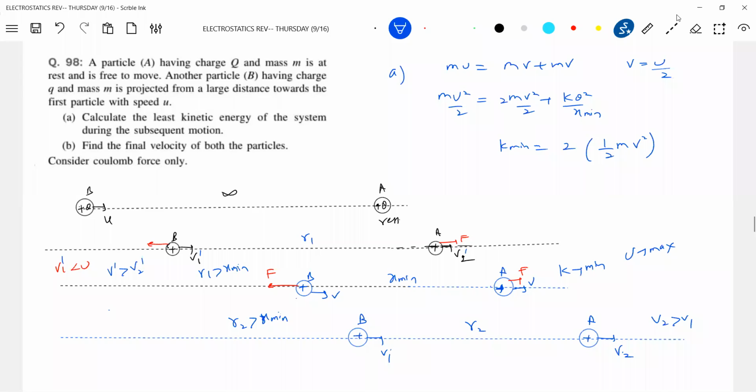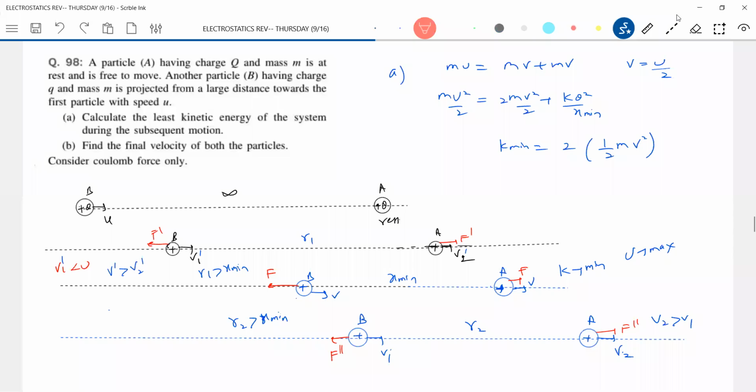Find the final velocity of both the particles. What do you mean by final? The repulsive force will be continuously acting, say F dash, F double dash. This repulsive force, what it does, finally what will happen, it will retard and this B will come to rest.